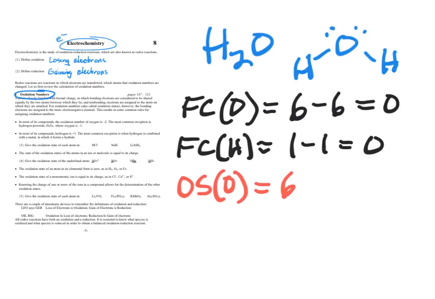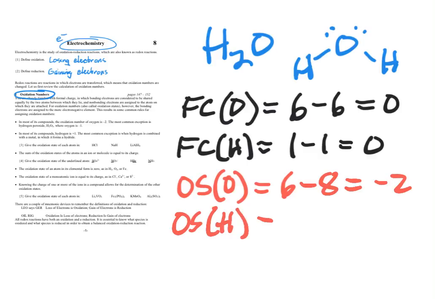So now this oxygen, in terms of accounting for oxidation state, has 2, 4, 6, 8 electrons around it. And so when we do this math here, it's going to be 6 minus 8 for an oxidation state of -2. The oxidation state of the hydrogen, then, we would calculate as starting with the group number 1 minus how many electrons are around it.